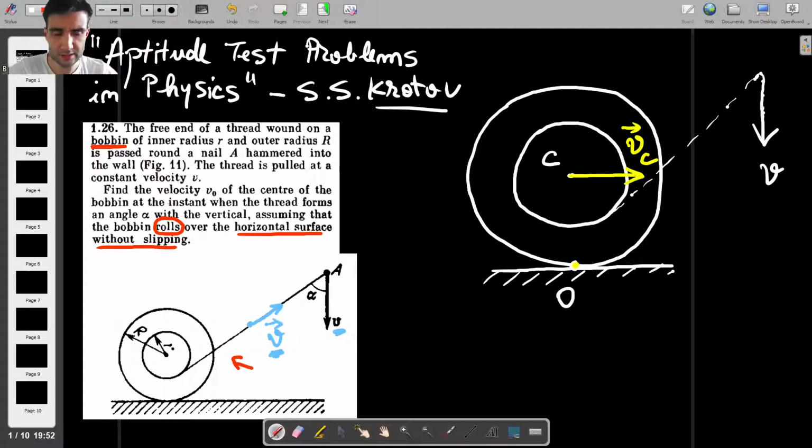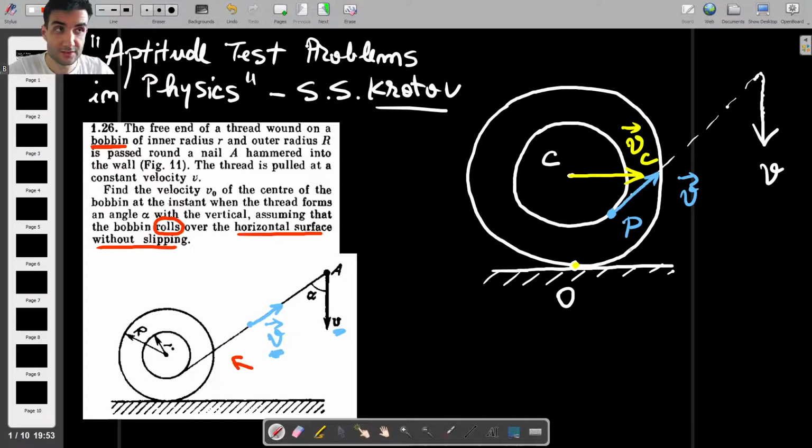Now, this also means that this point here on the bobbin, which is in contact with the thread, will have a velocity v going this way, like that, right? Which tells us that this point, which is sitting on the thread, which is tangent to the small circle, has a velocity component along the thread, which is equal to v, right?